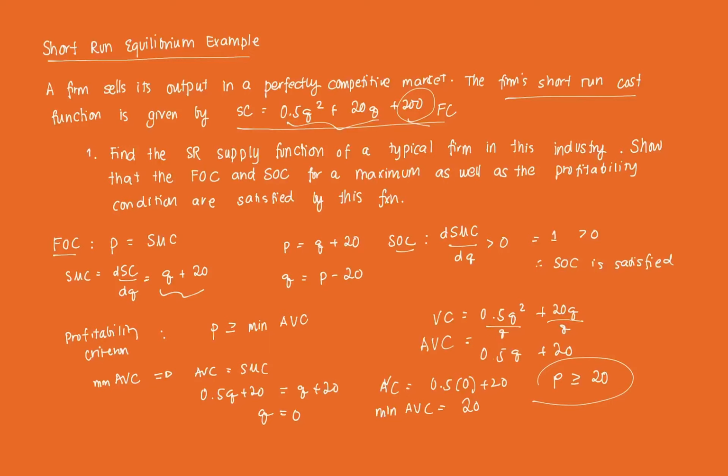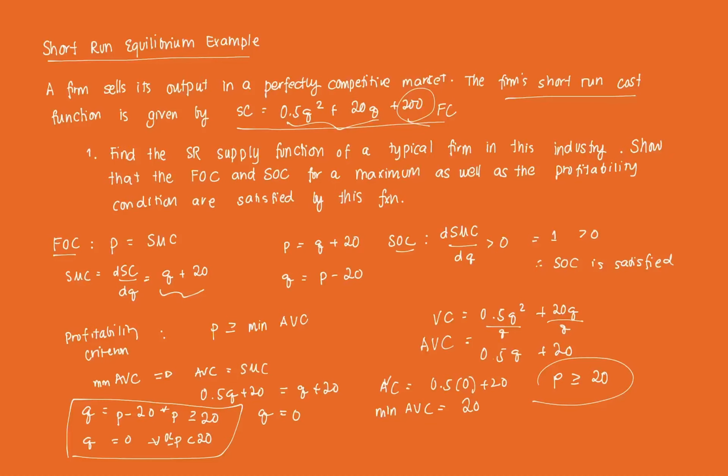Given this, we can derive our short-run supply function, which is Q is equal to P minus 20 for all P greater than or equal to 20, and Q is equal to 0 for all P less than 20, or to be more specific, for all P in the range 0 until 20. So that is our short run supply function of the firm.